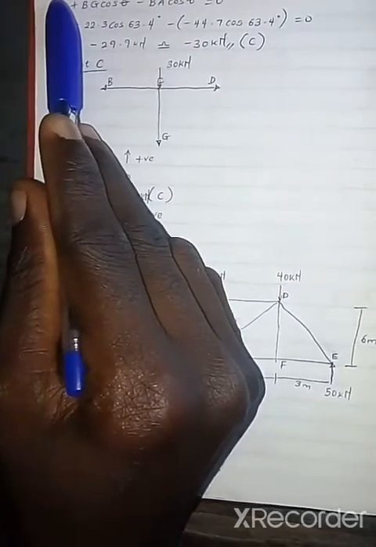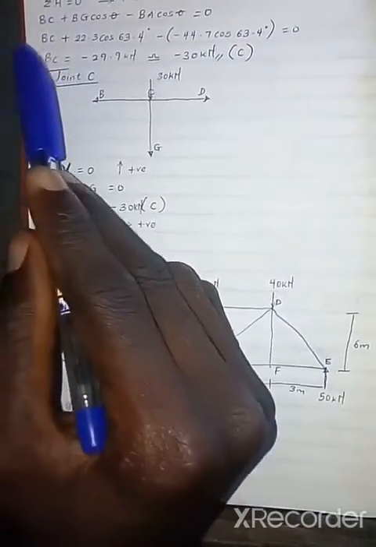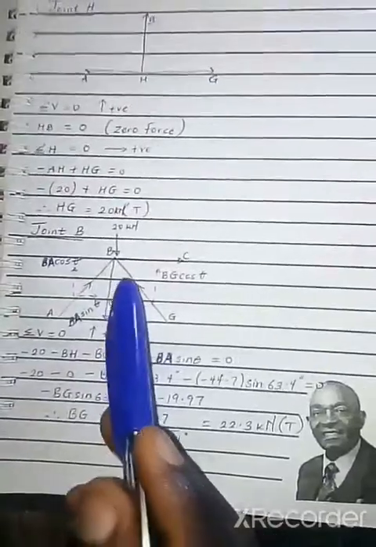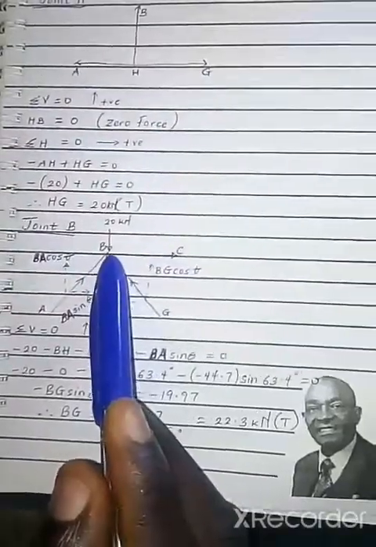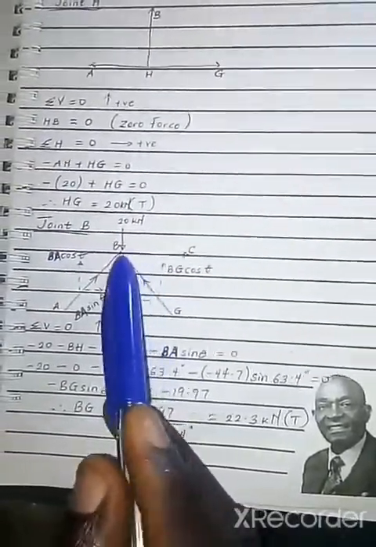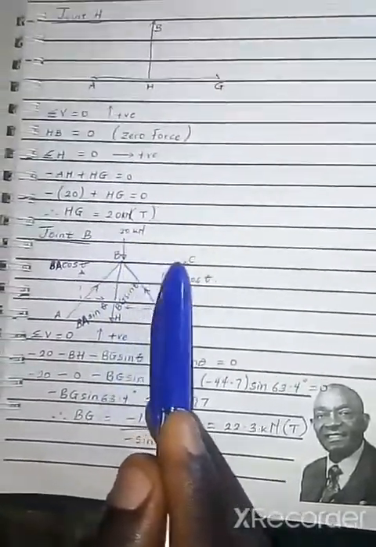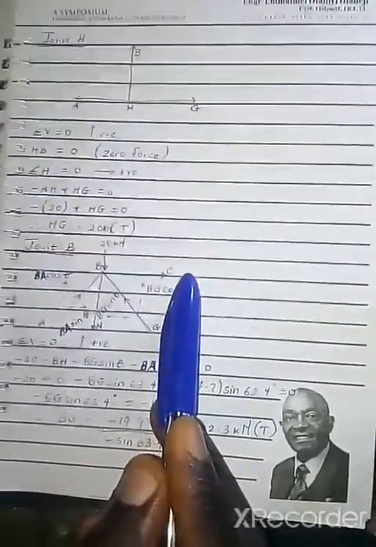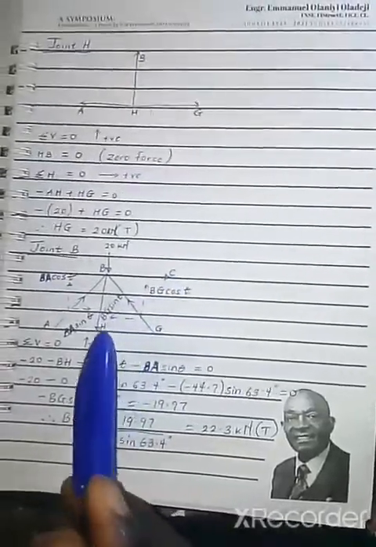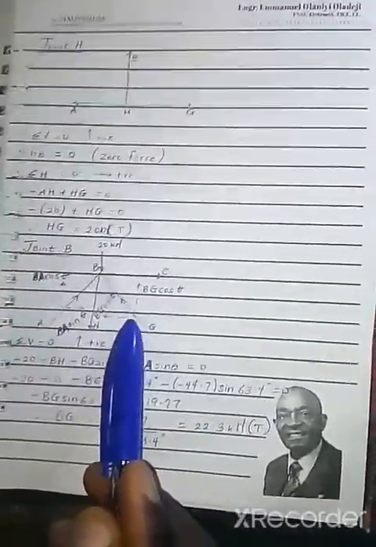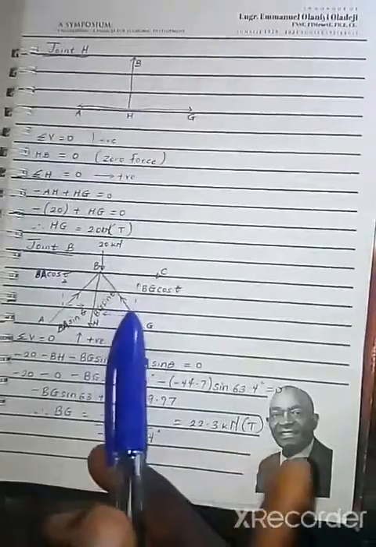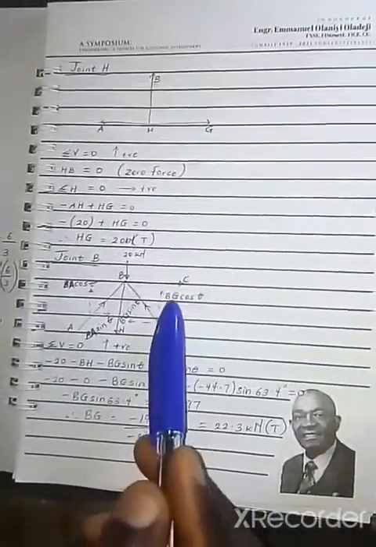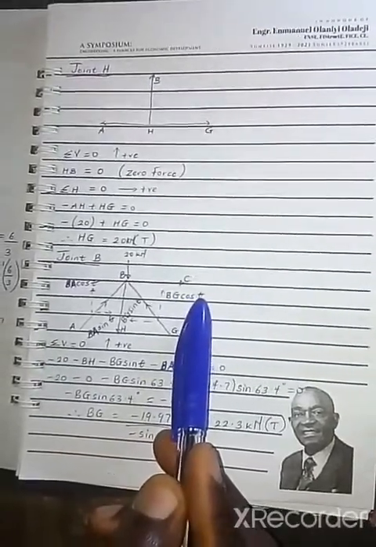Then summation of horizontal equals 0 also. So summation of all the horizontal forces. So this is going this way, and these are the horizontal forces. BC is going in this direction, that's plus BC. Then this is the resultant force; you can resolve it to the horizontal or vertical, but we're resolving horizontally, so that will be plus BG cos theta.